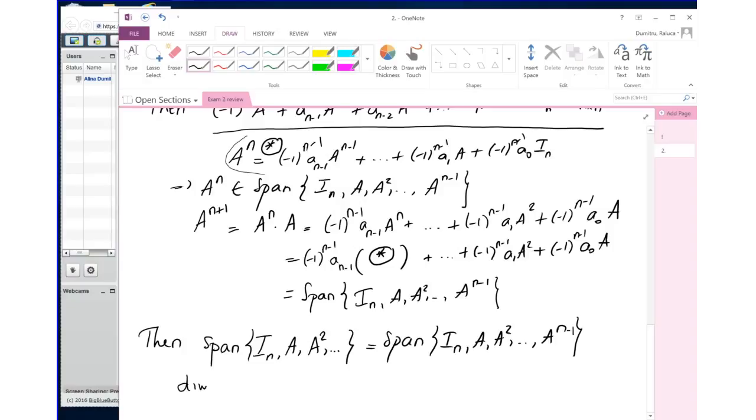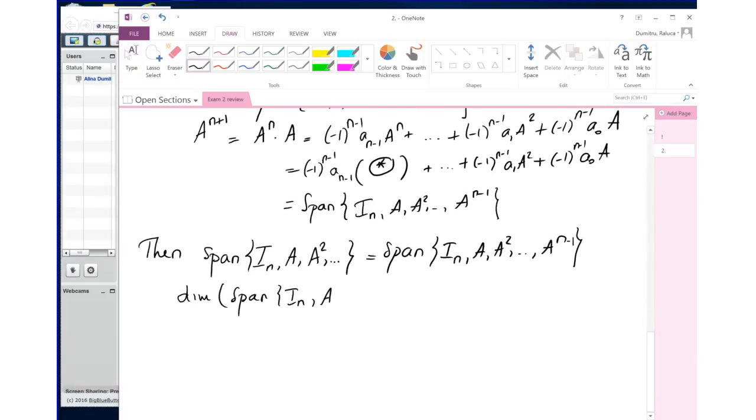So all I can say is that the dimension is at most the cardinality of this set, which is n.